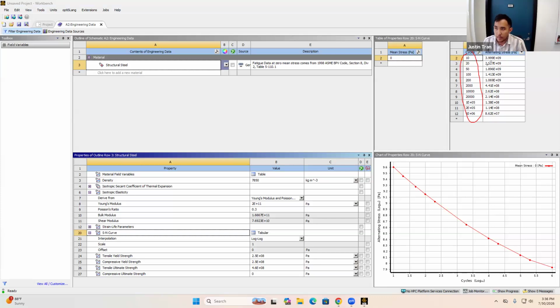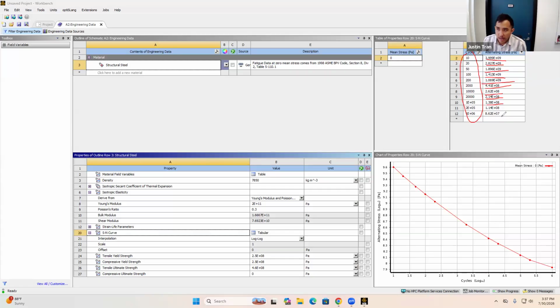That's one cycle. And then based on that, the other column of this table here tells you the maximum amount of alternating stress that the material can withstand. And so what you're seeing here is that as you load the part for more and more cycles, the maximum amount of alternating stress actually starts to go down.